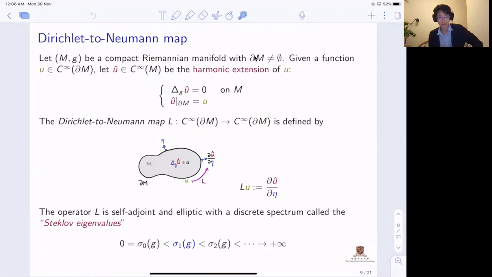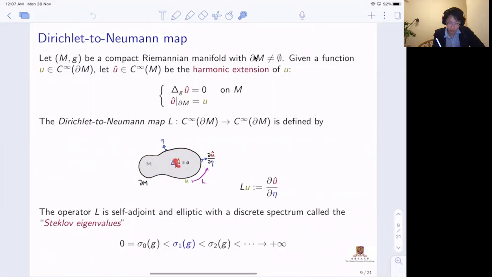Let's call this M. If we look at this picture here, I'm going to specify Dirichlet data on the boundary given by u. This is a compact Riemannian manifold with boundary, so I can solve for a harmonic function inside. This is called u hat, with Dirichlet data given by the prescribed u.